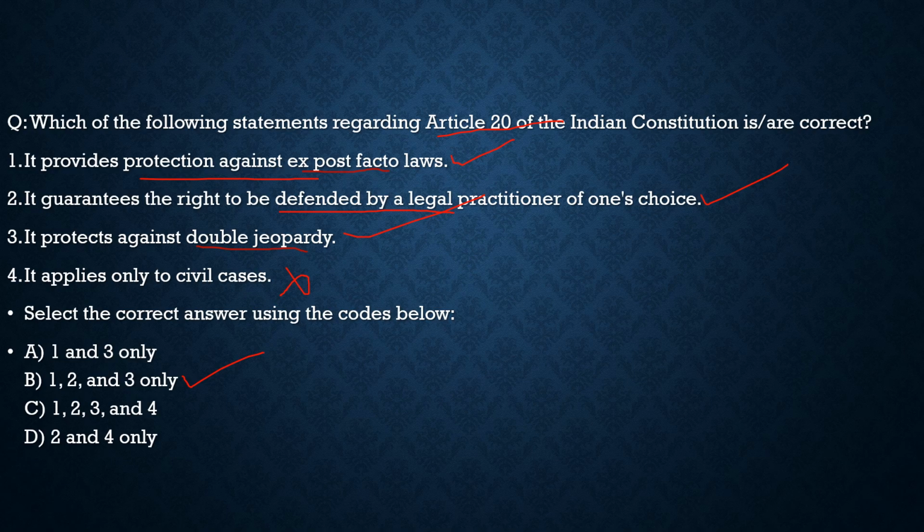Suppose on the 14th October we had formed a trade union and registered it. We can't be taken to jail for having done anything wrong. We are protected under this Article 20.